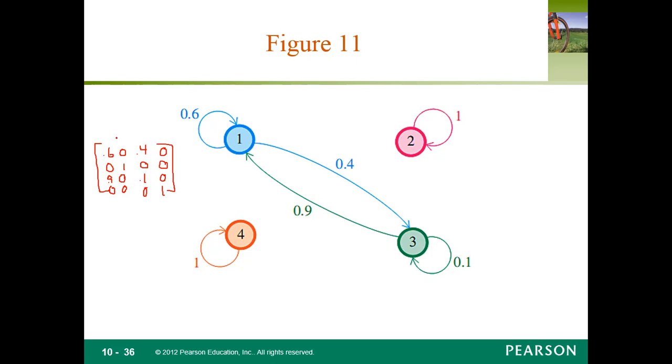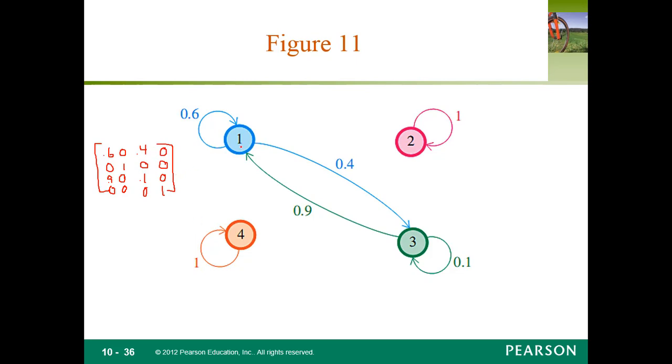Okay. So now, this is the P matrix, and this is the diagram for it. So notice that, what do we have here? We've got two states here. So one, are there absorbing states? Yes, 4 and 2 are absorbing states. Two, is it possible to go from a non-absorbing state to an absorbing state?